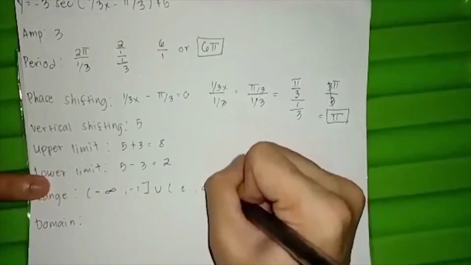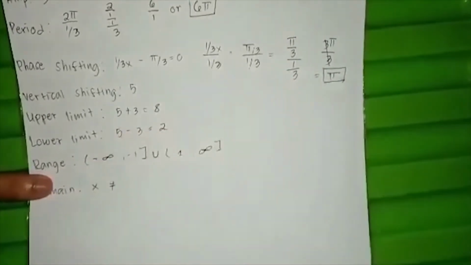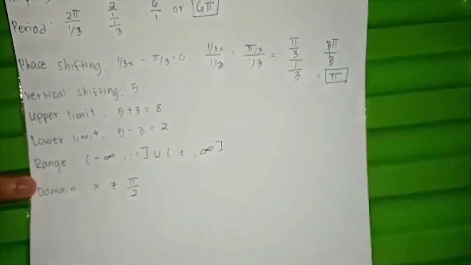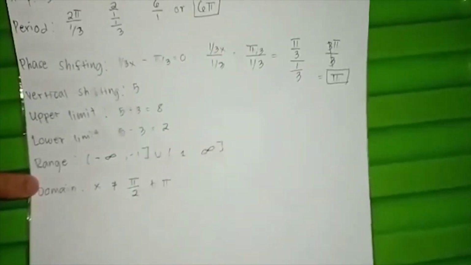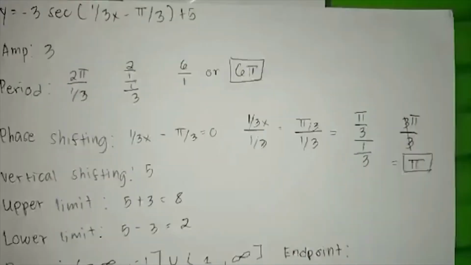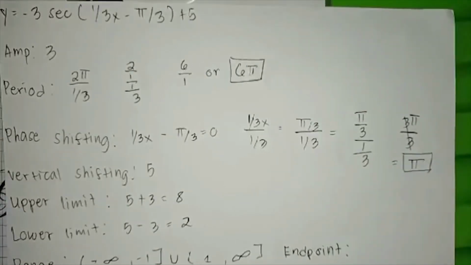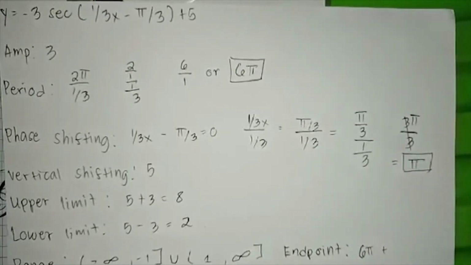Then in the domain, x must not equal pi over 2 plus pi k. To find the endpoint, you must add the period and phase shifting. Our period is 6 pi. Then our phase shifting is pi. 6 pi plus pi is equals to 7 pi.